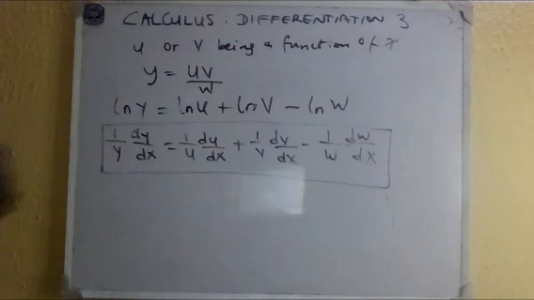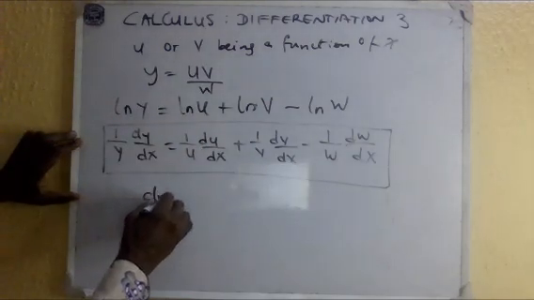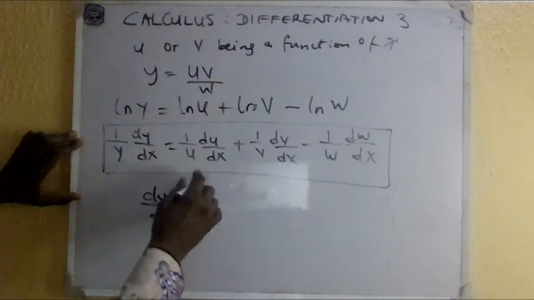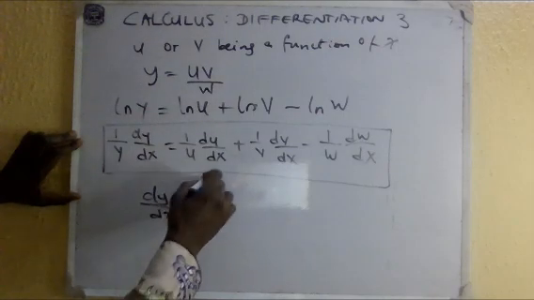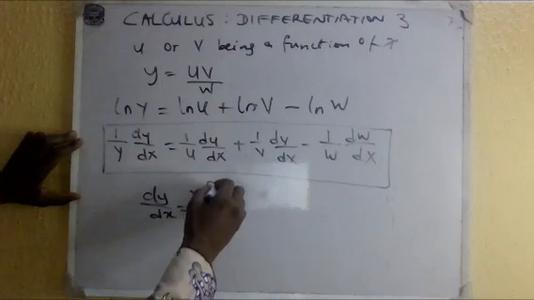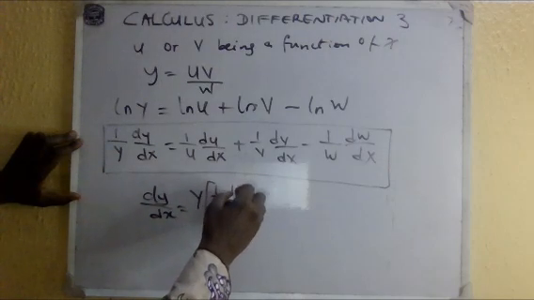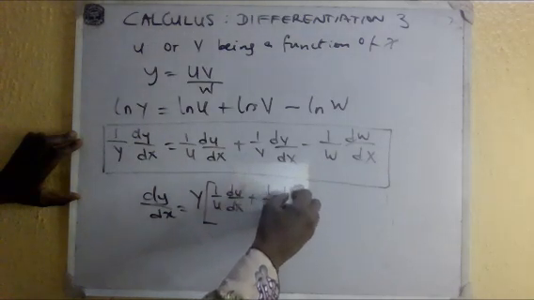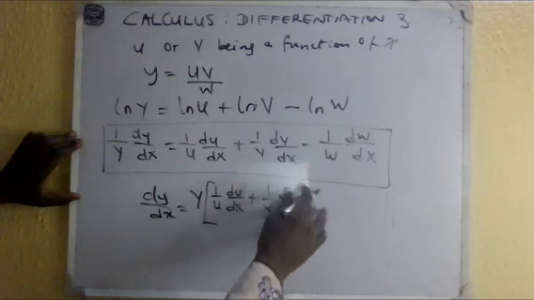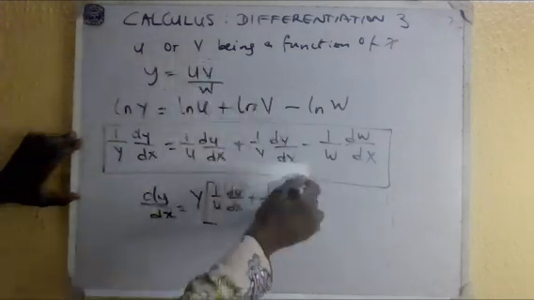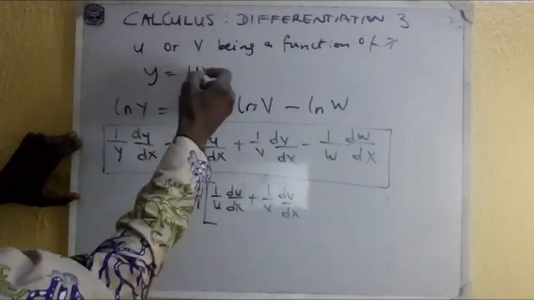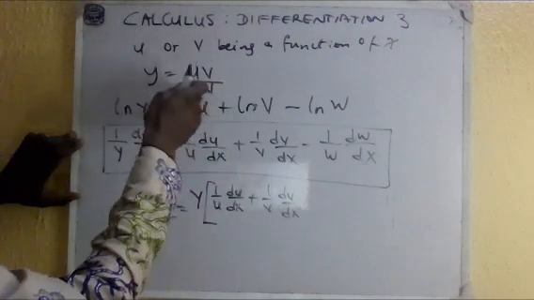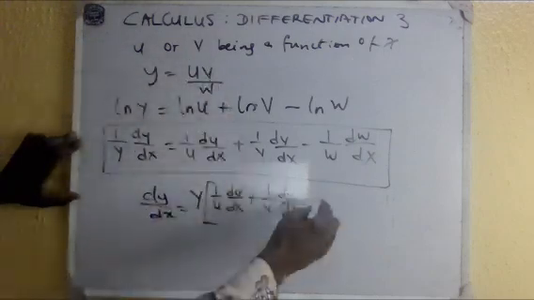So the whole function y will come and multiply this. Finally, this will become dy/dx is equals to y, that same function y, then bracket open, 1 over u du/dx plus 1 over v dv/dx minus 1 over w dw/dx. In this case, because the product of logarithm is plus, and the quotient is now minus.